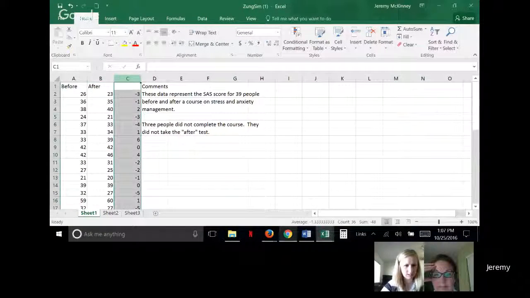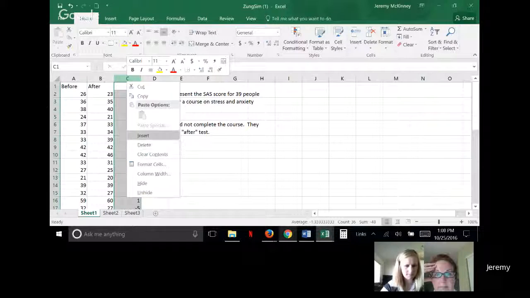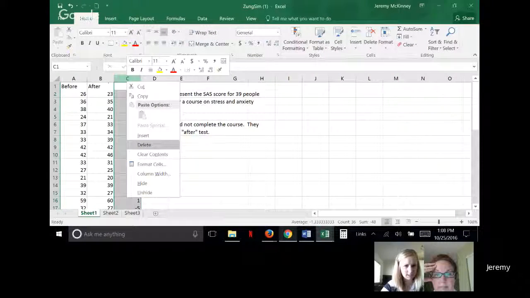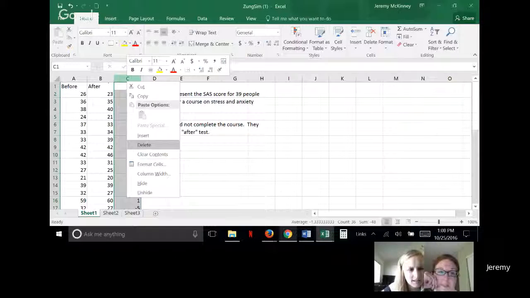Click on the letter C with your left click first and then right click on it. It should let you drop down. And then insert. Yeah, insert. This says shift cells right. Yeah, shift cells to the right. Okay. All right, and then I'm going to do the equals.